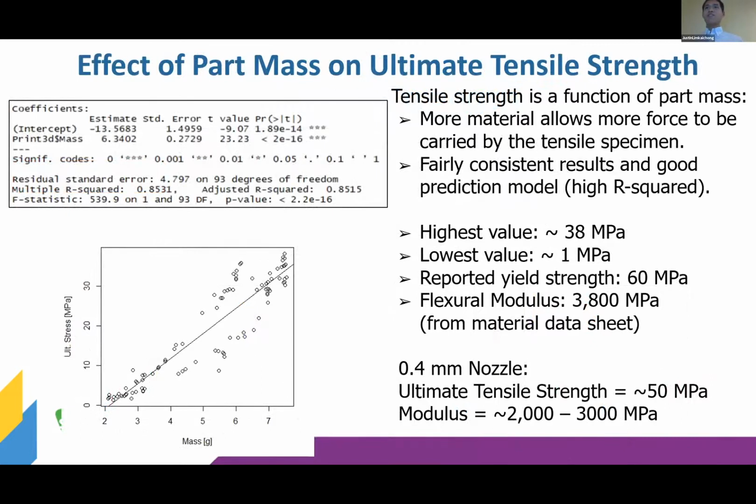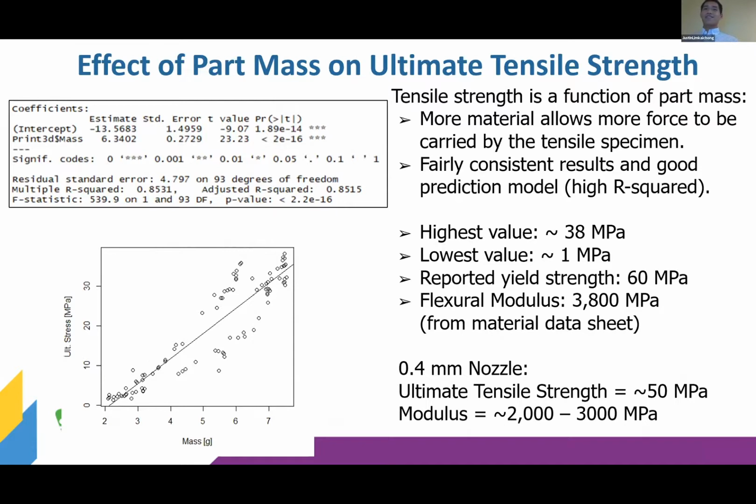So in terms of the relationship between part mass and ultimate tensile strength, something I learned from our basic structural design is that typically, once you have more material, it's spread out, and it's able to carry more and get more tensile strength.